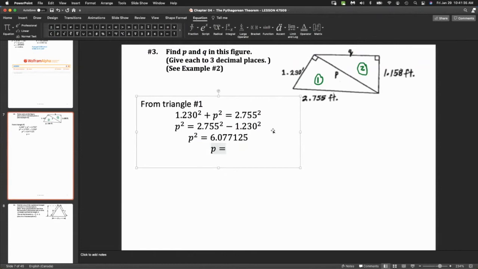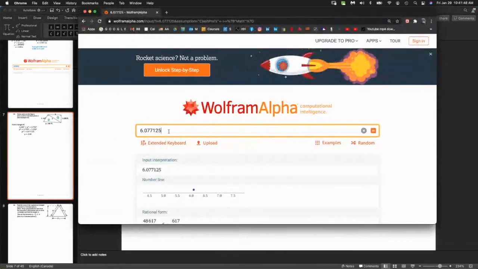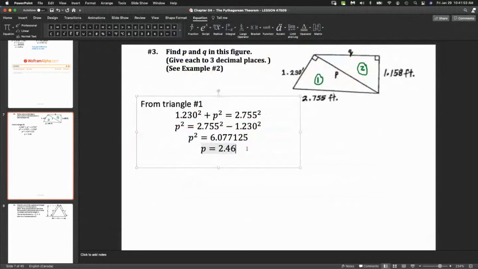Is that what we're working with? I'm trying to find it on my sheet here. Okay. Well, I need extra digits, friends. I'll put 2.465.